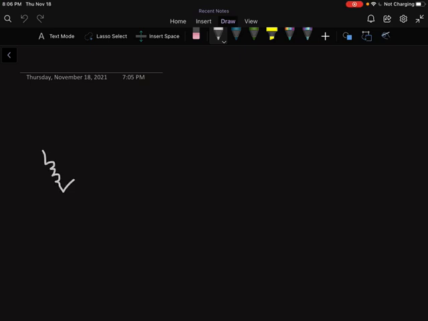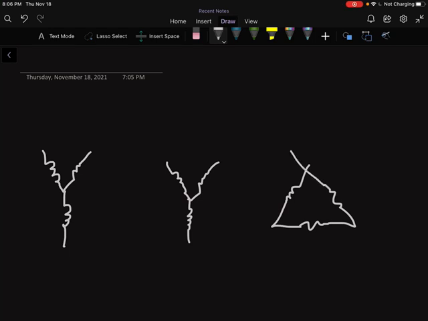I'll try and draw the pictures a little smaller for ease. We are going to do one of them as Y, and the other one as delta.